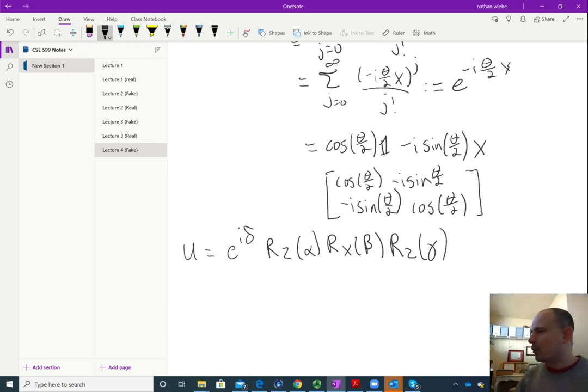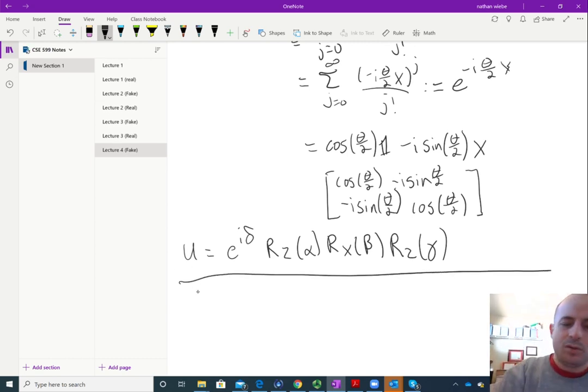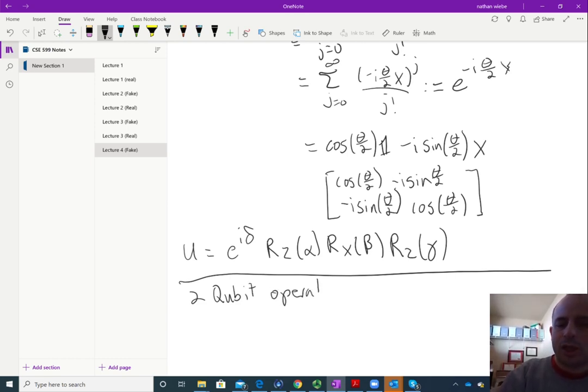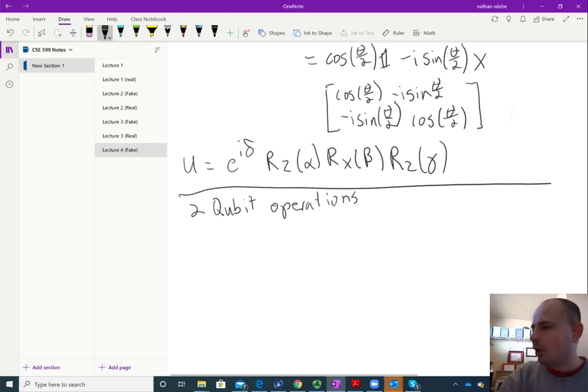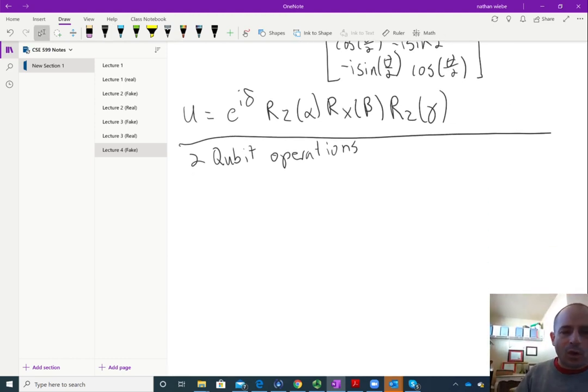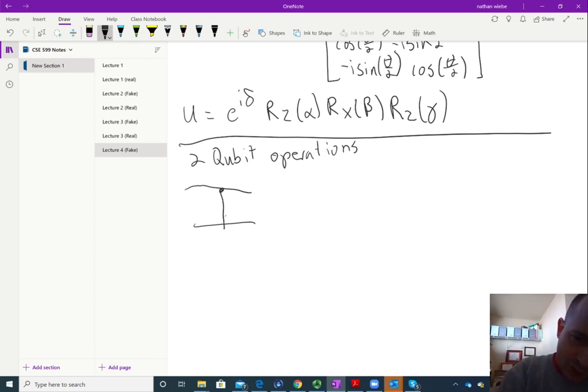All right, cool. So now, let's start talking about 2-qubit operations. Again, with 2-qubit operations, the only truly different operation that we need for 2 quantum bits is actually the controlled NOT gate, which is of this form, which we can view as a reversible XOR.